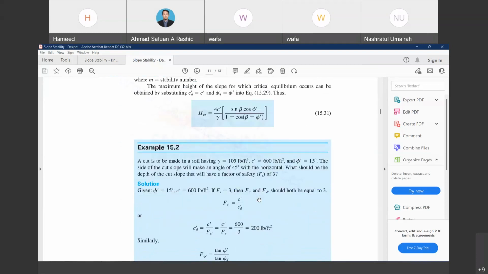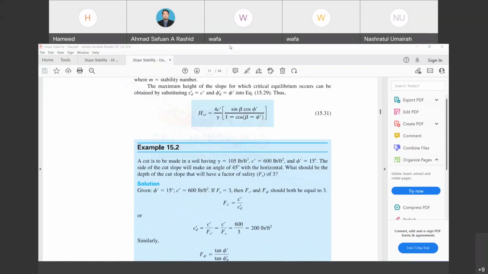Now we look at one example from Das. A cut is to be made in soil having gamma equal to 105 pounds per cubic foot, C equal to 600 pounds per square foot, and phi equal to 15 degrees.